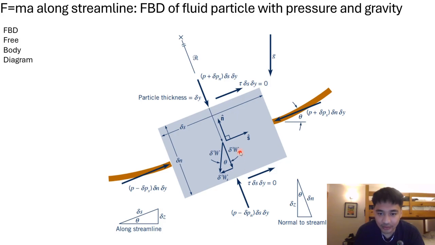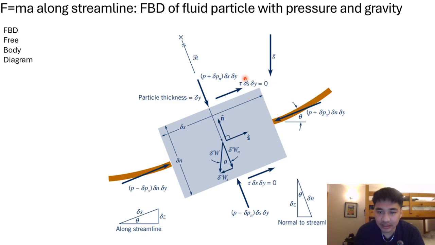Here you have your weight in the normal direction, weight in the streamline direction, and this is the hypotenuse of that weight. And here, sorry, we didn't talk about this: delta y is your particle thickness. So that's another direction there.